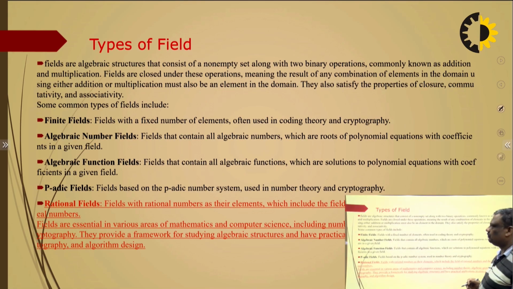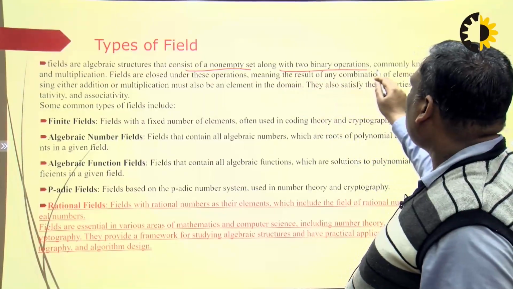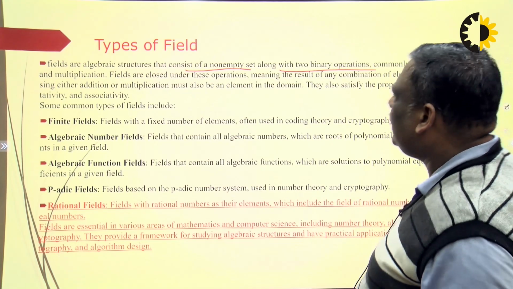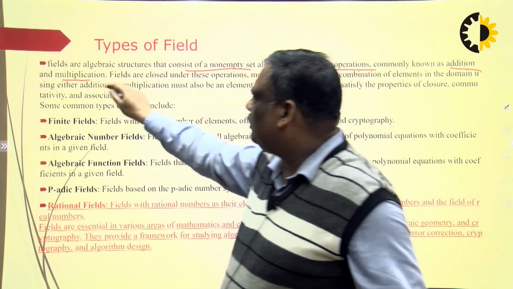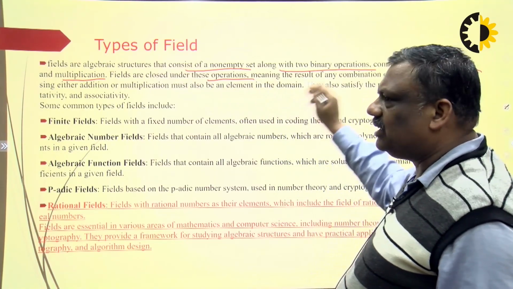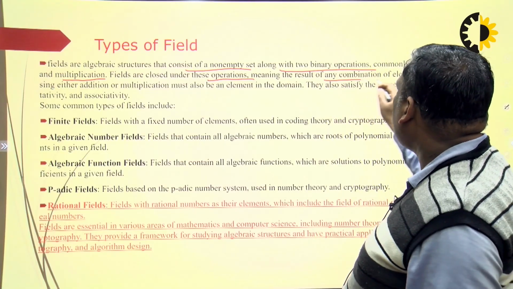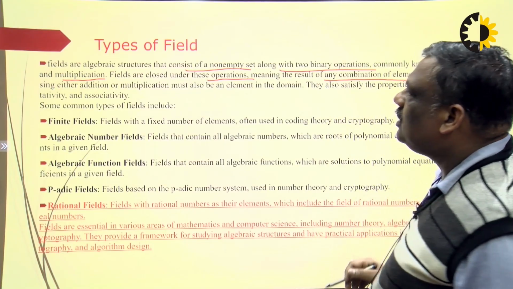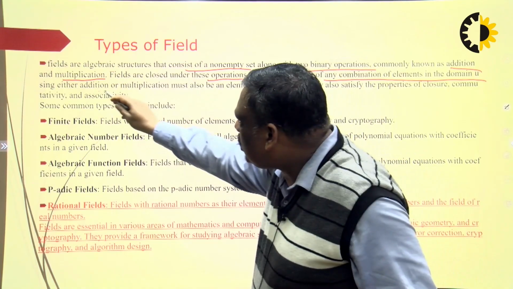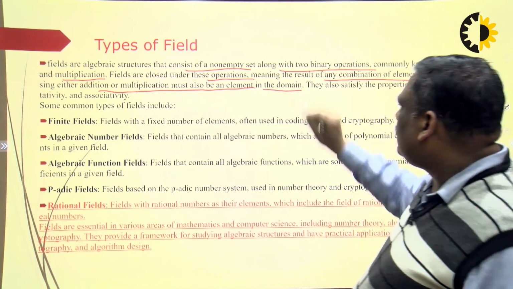Types of field. A field consists of a non-empty set along with 2 binary operations known as addition and multiplication, which we discussed in previous slides. It is closed under these operations. These operations are binary operations, addition and multiplication. The result of combining elements using addition or multiplication must be an element in the domain.